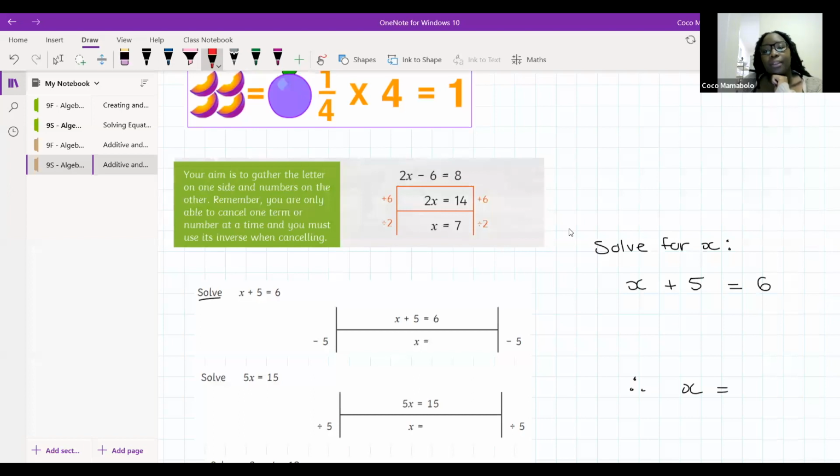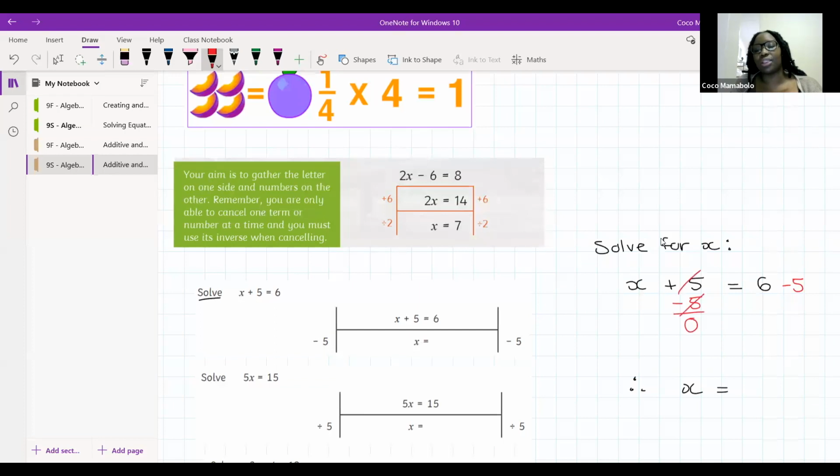It's minus 5. Good. 6 minus 5. But we can't just minus 5 on that side. Remember, it's a balancing act. So if I minus 5 on the left, I need to minus 5 on the right. Excellent. Palesa, what's 5 minus 5? It's 0, ma'am. 0. Good.